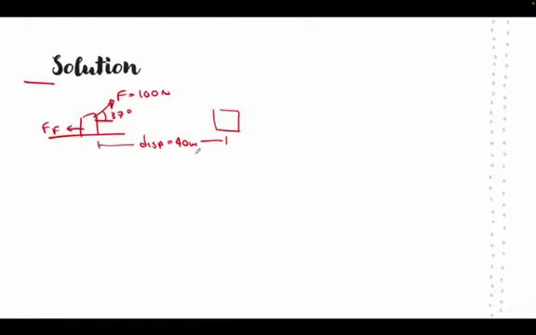All right, so the first question is asking us to find the work done by each force. So let's start with F. The work done by F is going to be equal to F times D cosine theta. So the force is 100 newtons, the displacement is 40 meters, and the angle between the force and the displacement is 37 degrees.